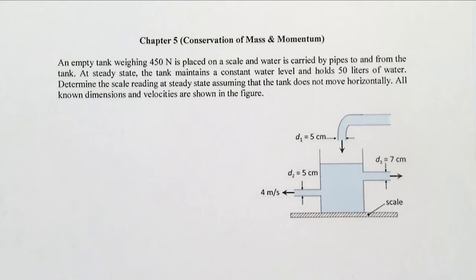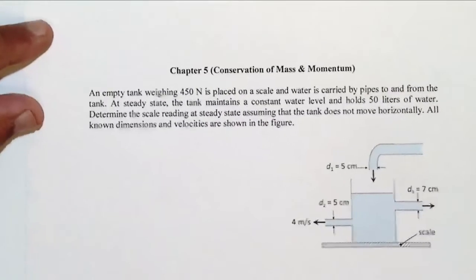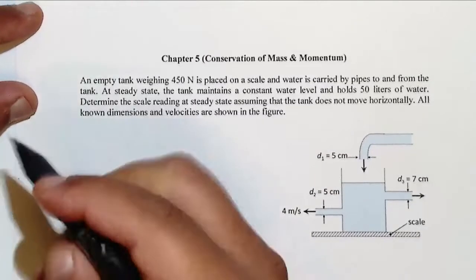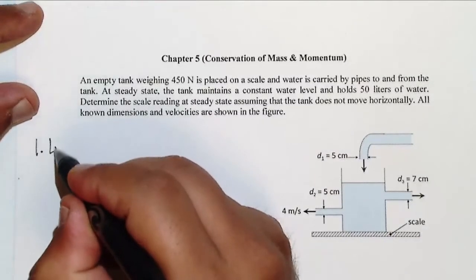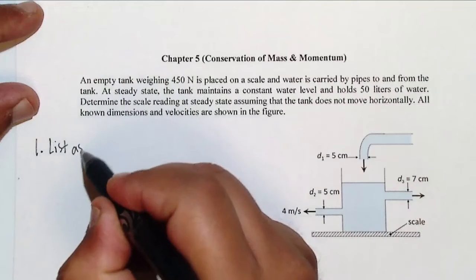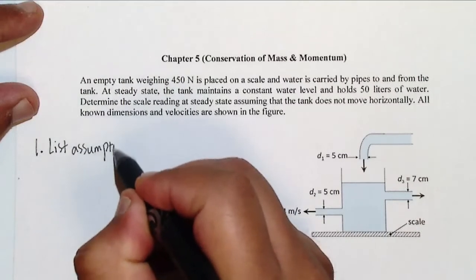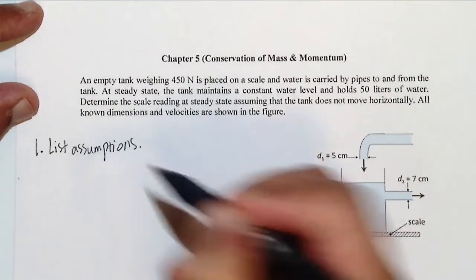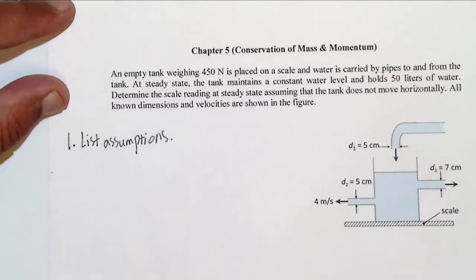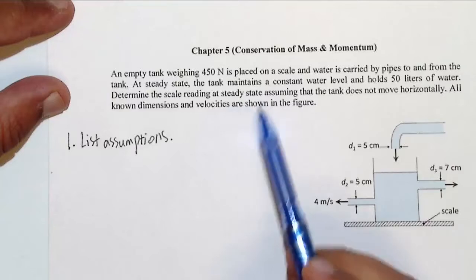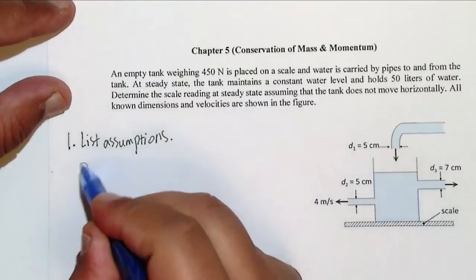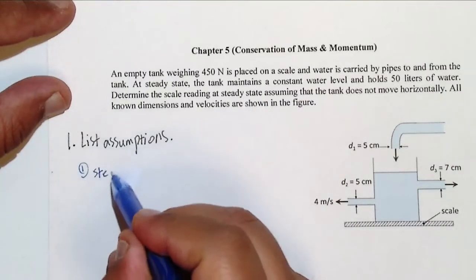Okay, so in any question, we need to first list assumptions. If we list assumptions, first, it mentioned that the flow is steady state.